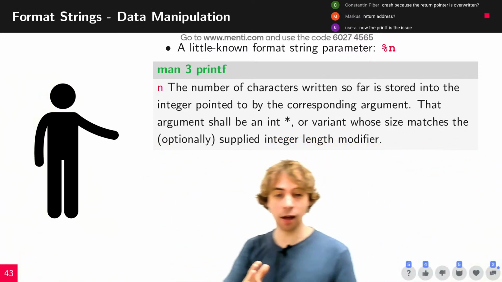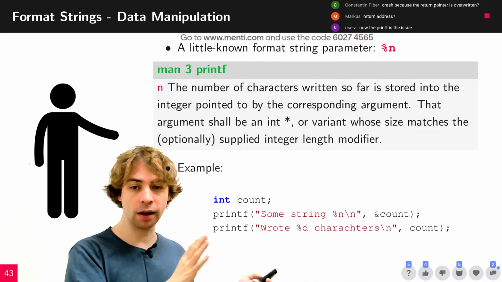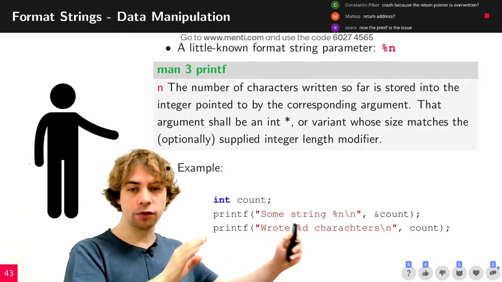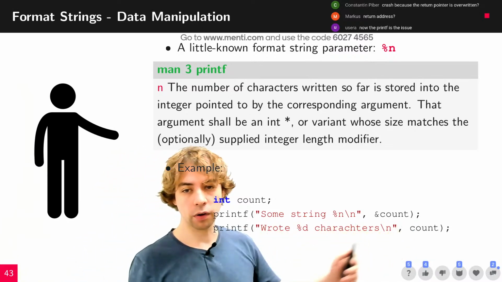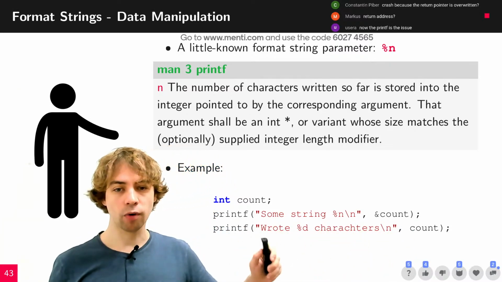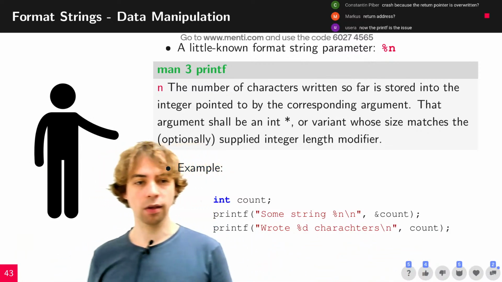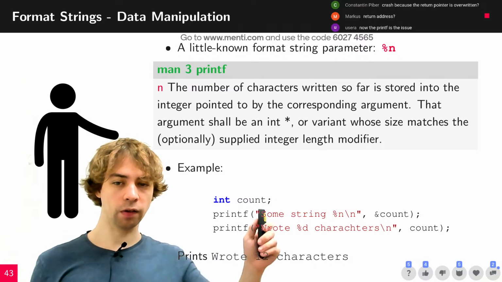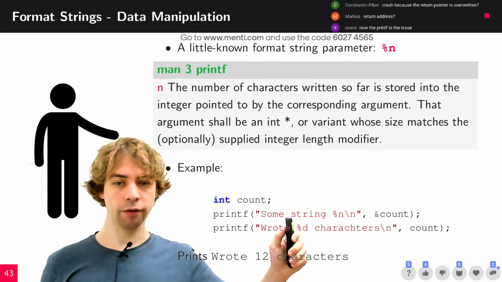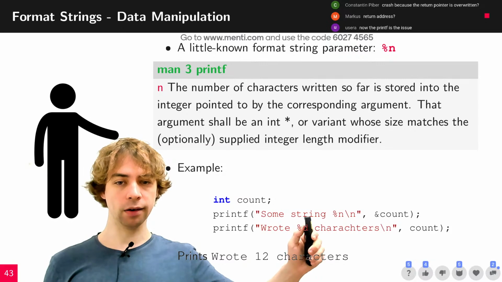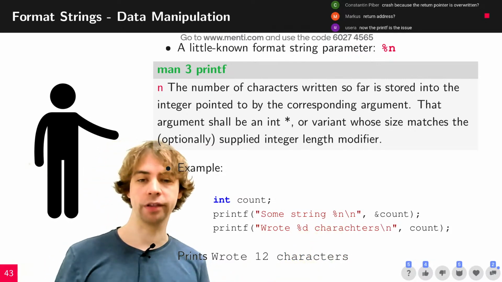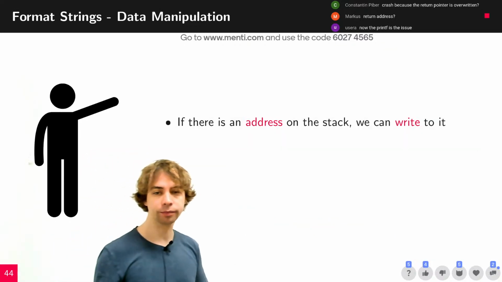As an example, let's take a look at this one here. Integer count, printf some string %n count, and then we can print it, wrote this many characters. What will it print? Wrote 12 characters. So 1, 2, 3, 4, 5, 6, 7, 8, 9, 10, 11, 12. Yes, and then %n is at 12.